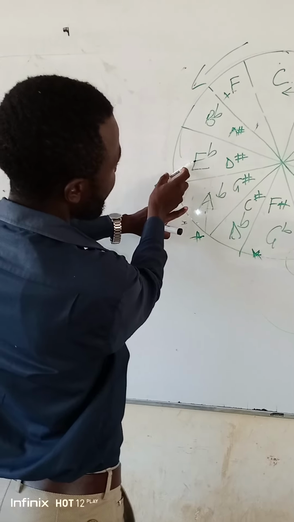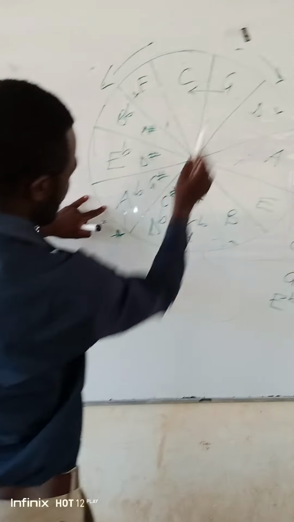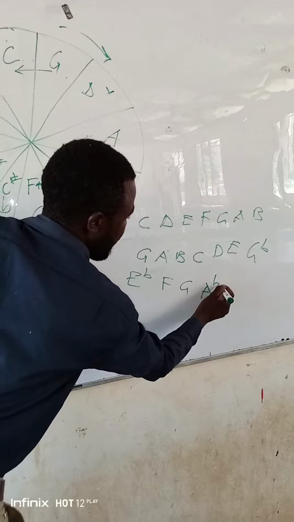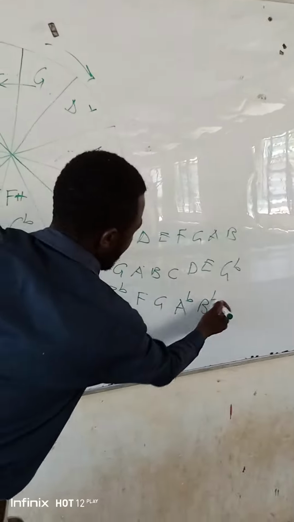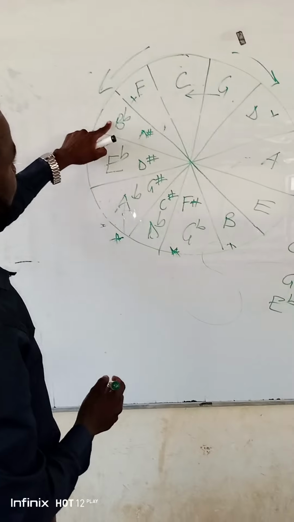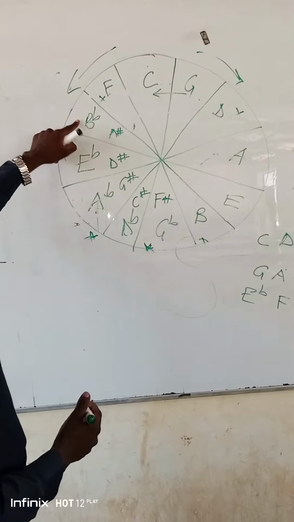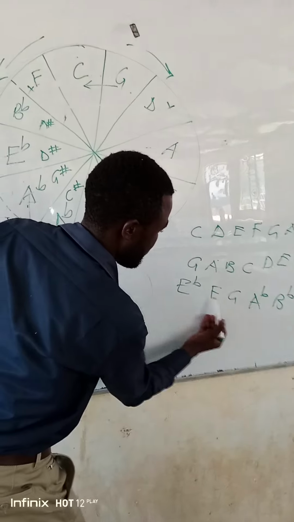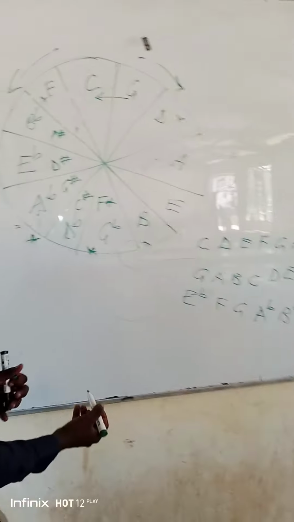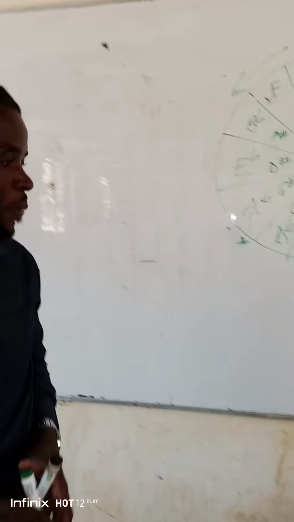So we have E flat, F, G, F flat. Wait for this. This is F flat. After F flat, you have B flat. After B flat, you have a C. Do you have any other thing? No. Count. 1, 2, 3, 4, 5, 6. It is a D. Good. And our scale is complete.